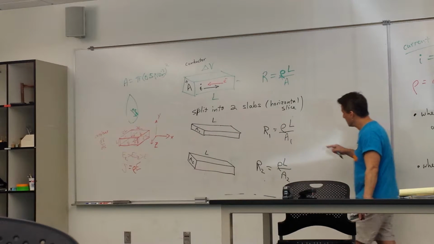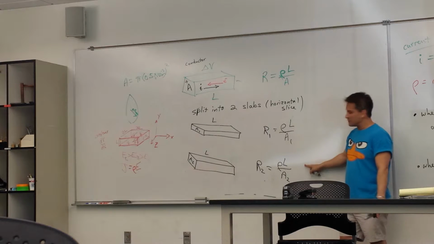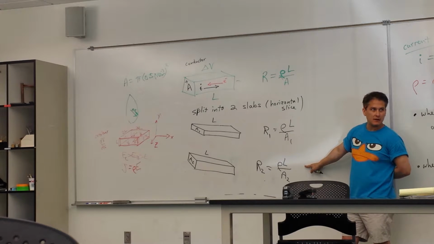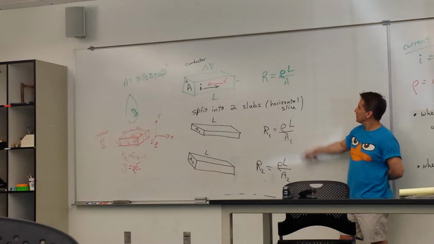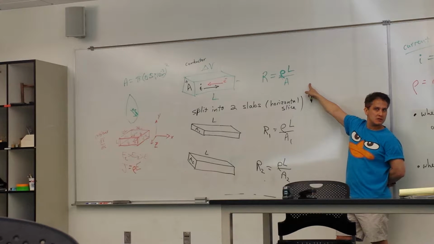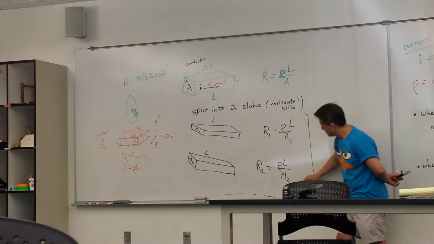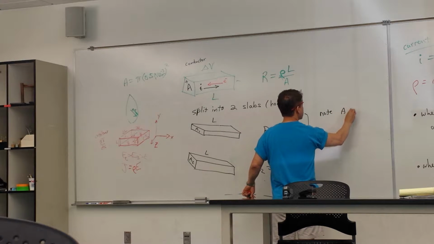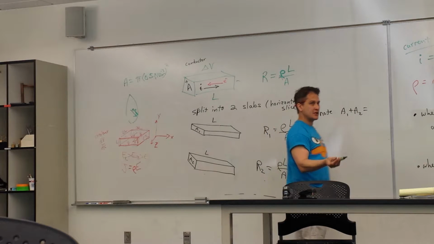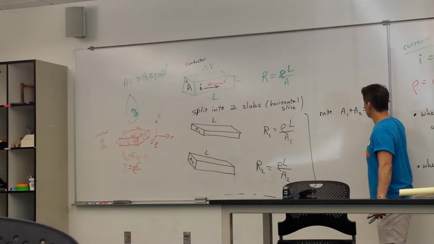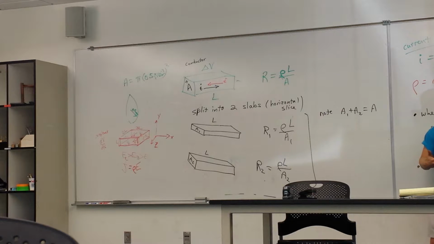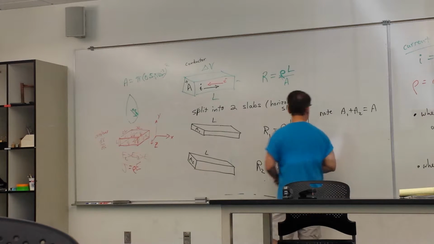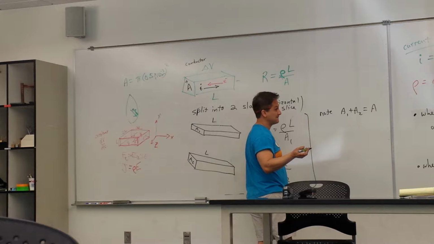So, this resistance and this resistance. How are these resistances related to this resistance? Additive. We might note that A1 plus A2 is equal to a total A, right? So they've got to be the sum of the inverses.